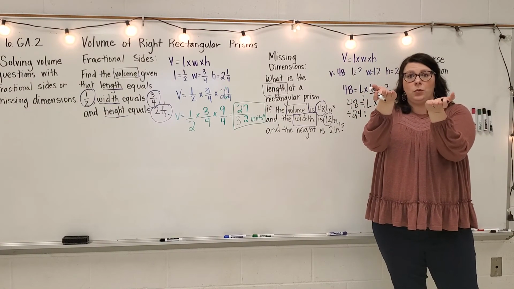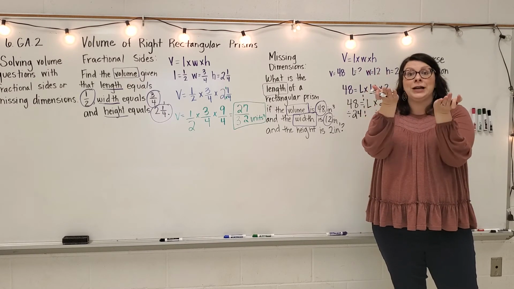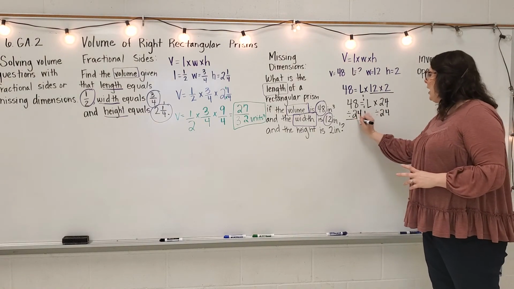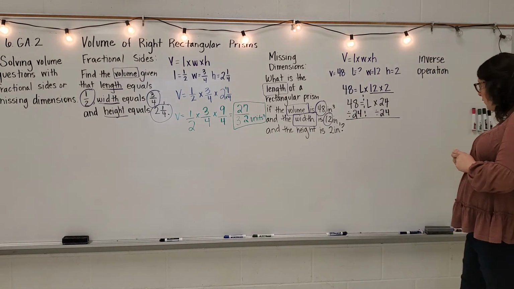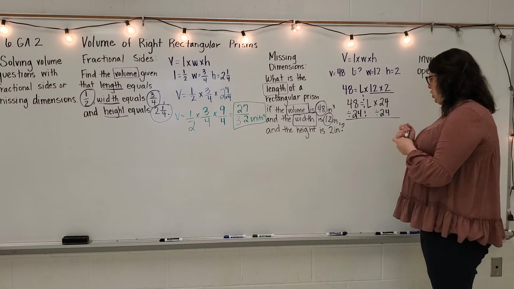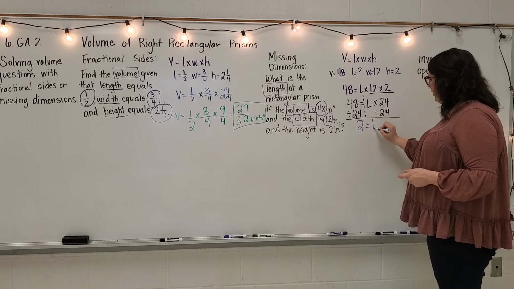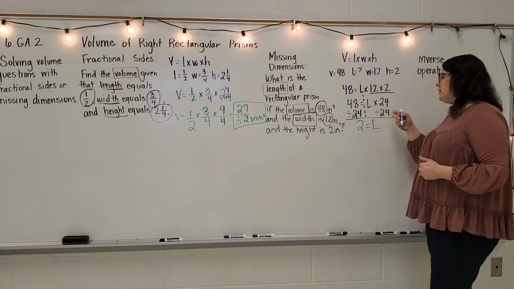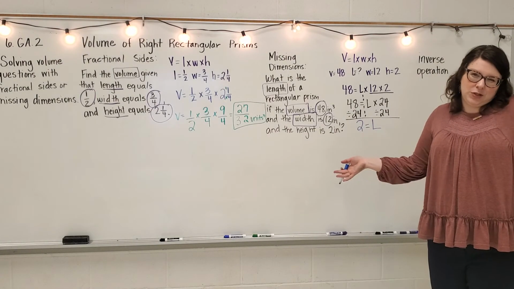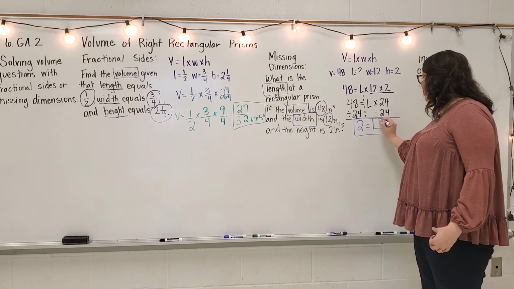If I do something to one side and not the other, they are no longer equal, okay? So we're trying to keep them balanced. So now, when I do this on both sides, 48 divided by 24 is going to be 2. I'm going to bring L down, and 24 divided by 24 is 1, which kind of cancels it out to just be 1. So now L, or length, is equal to 2.